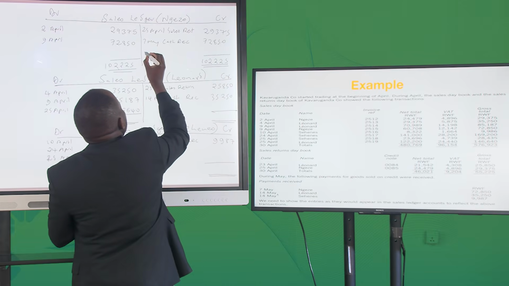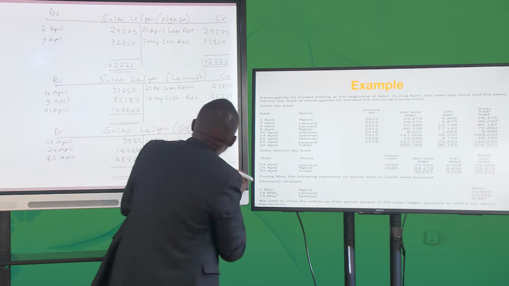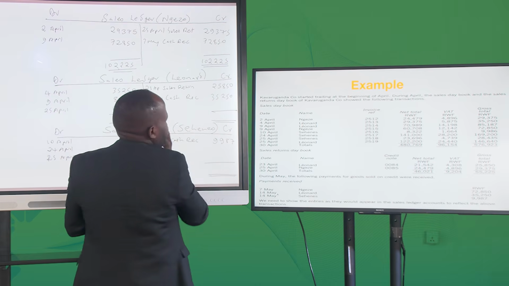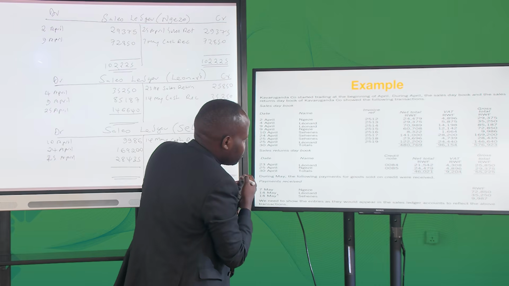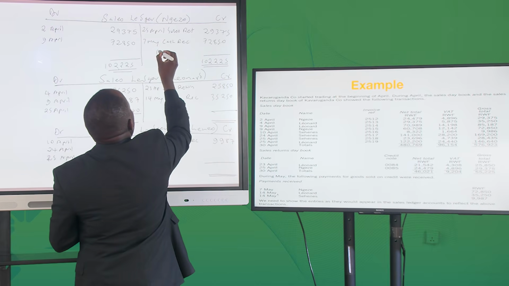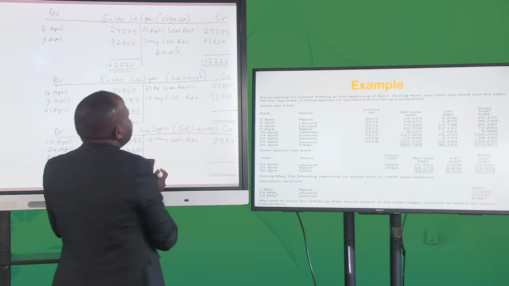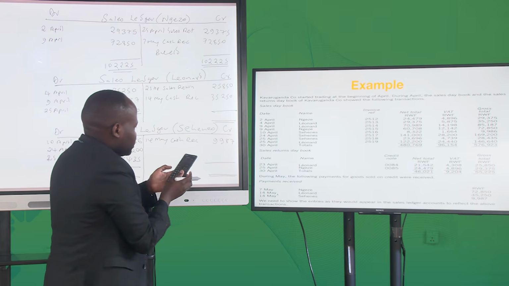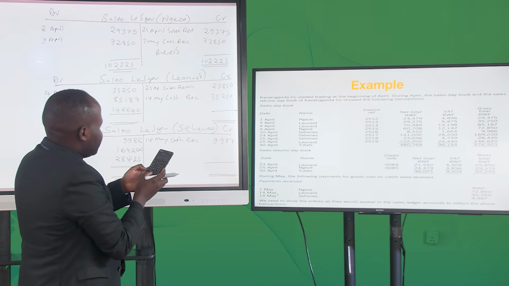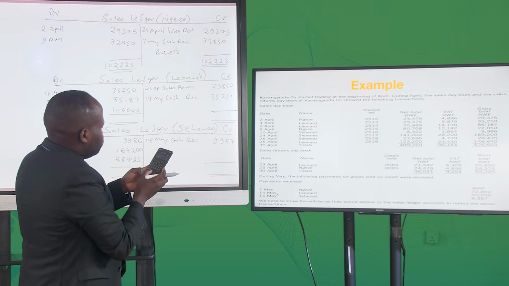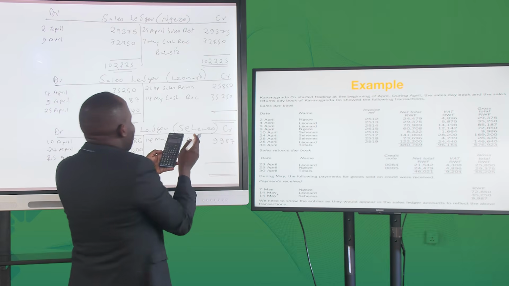And then we deduct so that, on the last date, we know the balance carried down. So minus 29,375 minus 72,850.